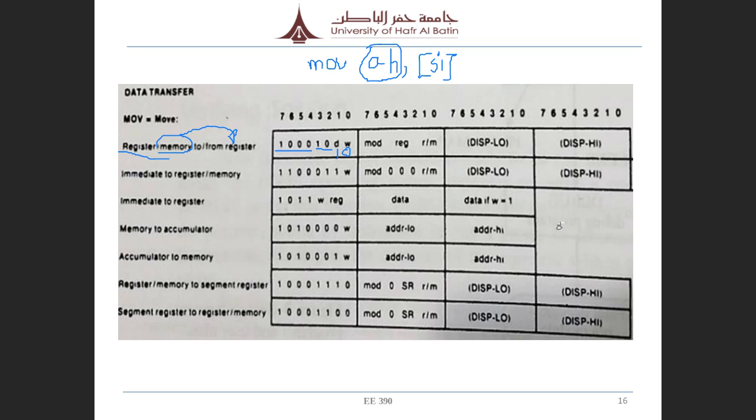What would be the first byte now? 1000 is 8, and then 1010, so it is A. 1010 is A. Okay, the first byte is done.